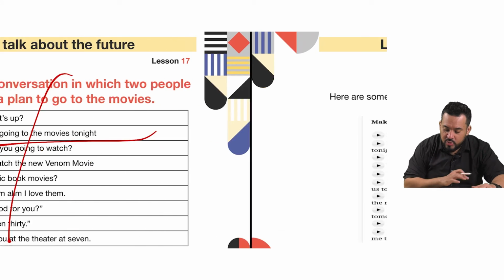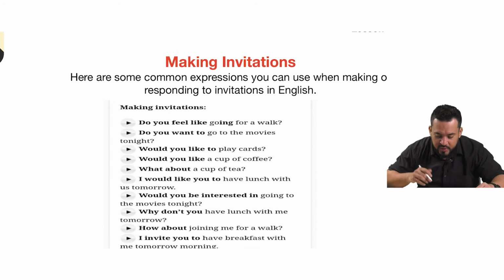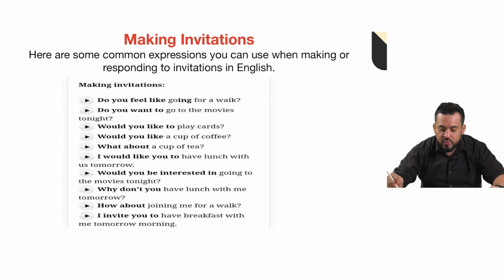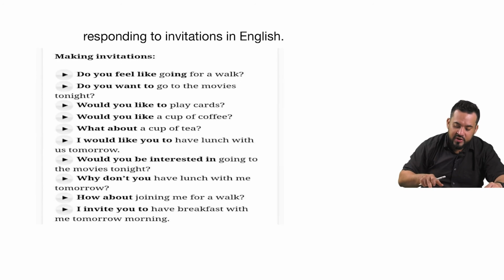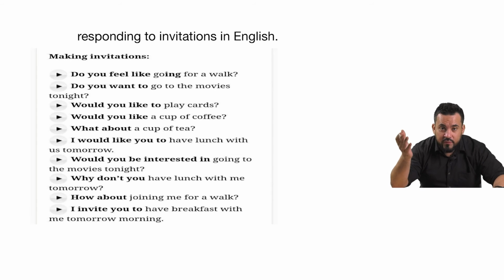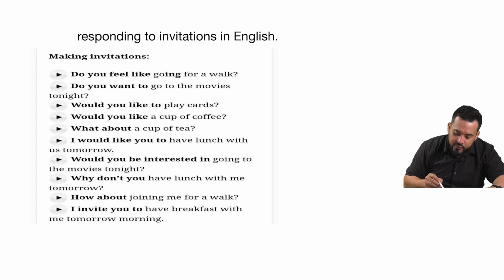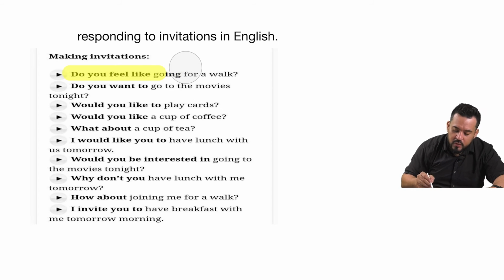Okay, so now let's take a look at invitations in English. Here are some common expressions you can use when making an invitation, or when you are responding to an invitation. So if you want to make an invitation, you use these phrases. Do you feel like going for a walk? Okay, so first one is, do you feel like? So this is a phrase we use for making invitations.